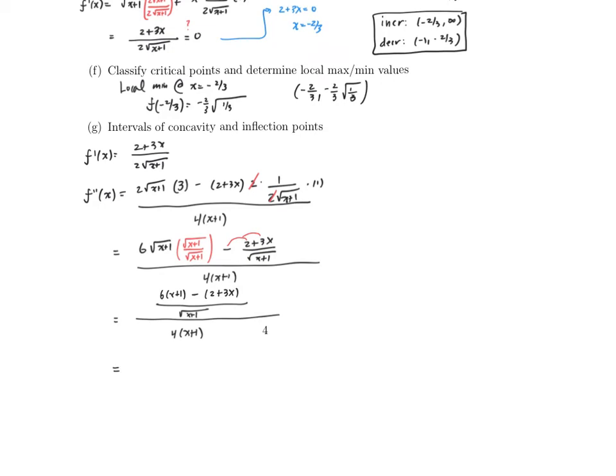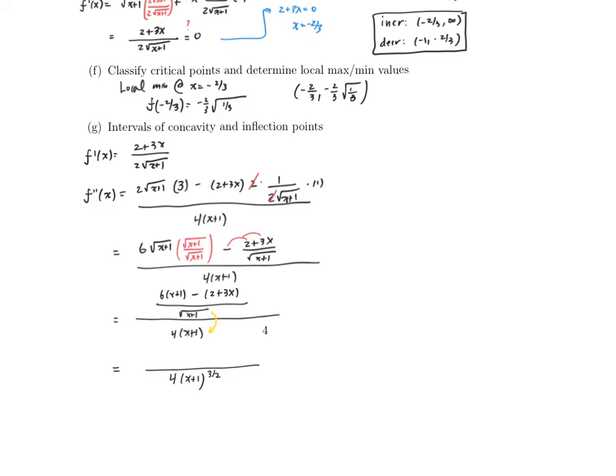And then lastly, the simplification I'm going to make is this square root of x plus 1, you can bring that down to the bottom. So we will have x plus 1 to the first power times x plus 1 to the square root. So our new denominator will be 4 times x plus 1 to the 3/2.